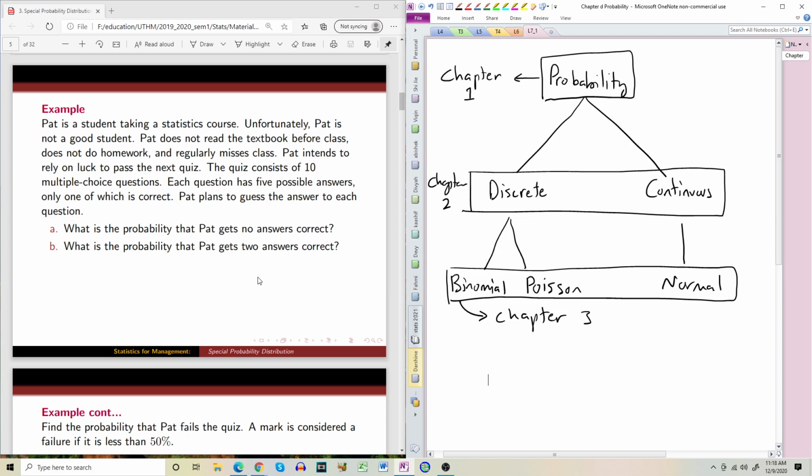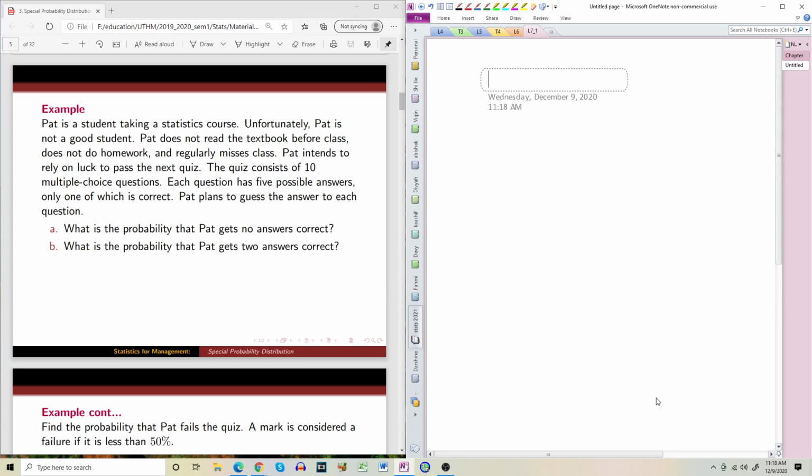Okay, you read this example first. Pat is a student taking a statistics course.